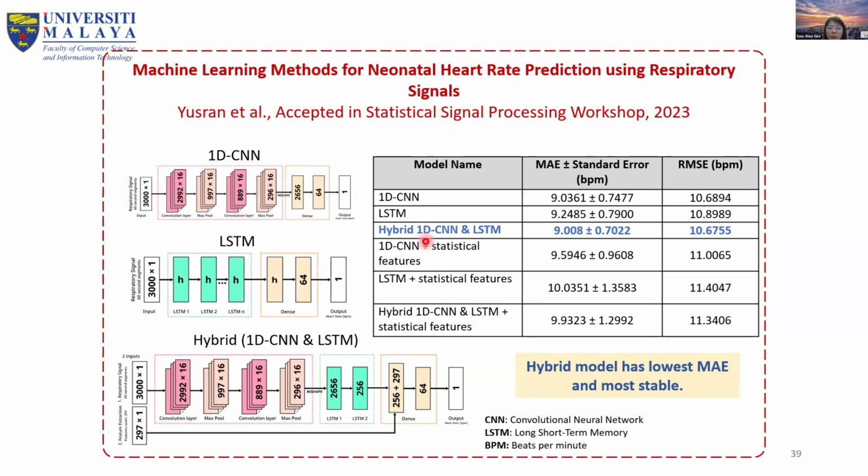As you can see from here, using 1D CNN and LSTM, the MAE, the mean absolute error, achieved 9.03 and 9.24. When we combine both models, the MAE reduces to 9.008 with an RMSE of 10.68. And we show that when we combine different deep learning models, it's able to achieve better heart rate predictions.